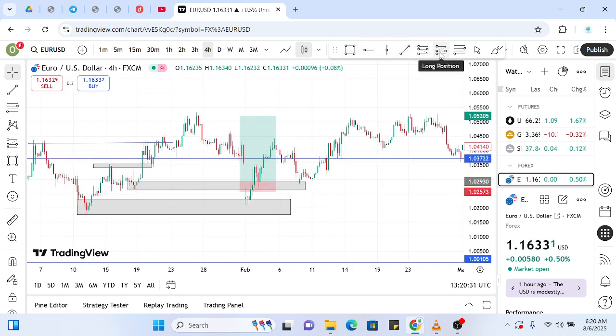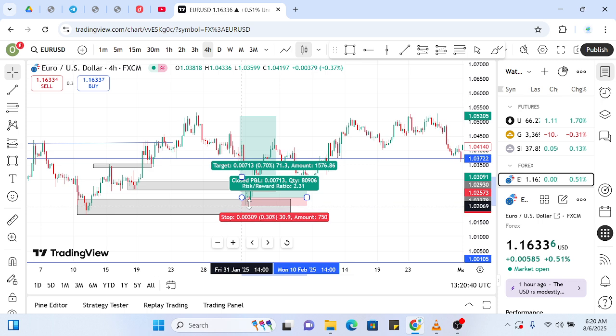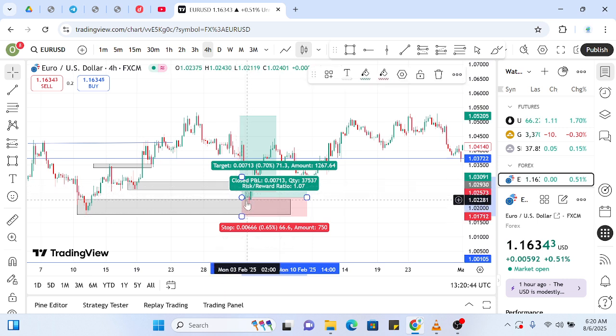Now that being the case, upon the entry, I'm not entering from the zone. This one I just gave as an instance. I'm going to be entering from the particular candlestick close. You get? After marking your zone, you now wait for an entry.